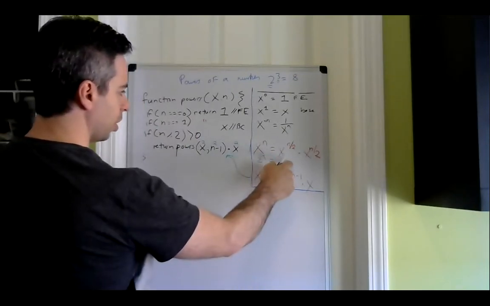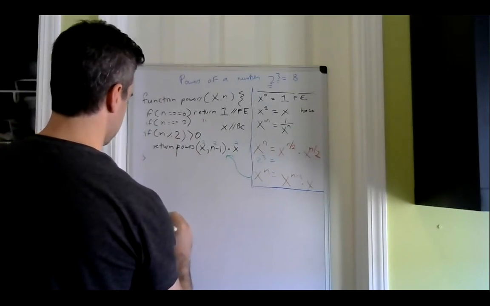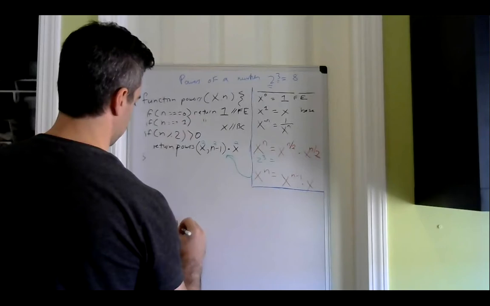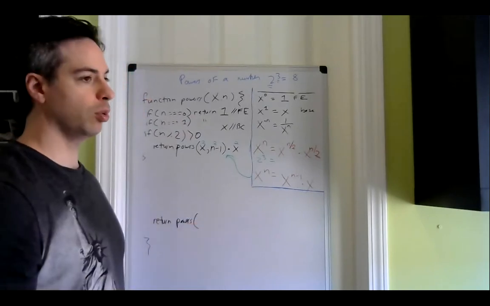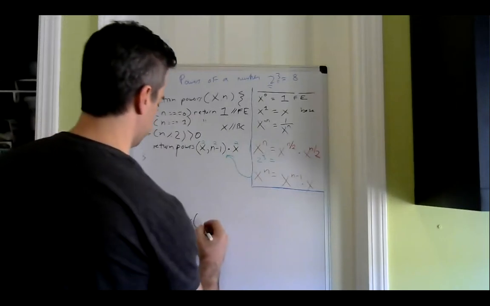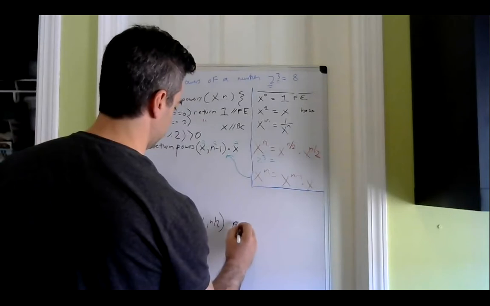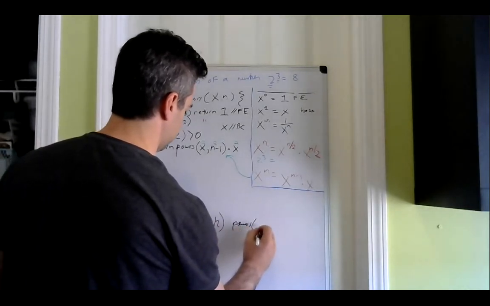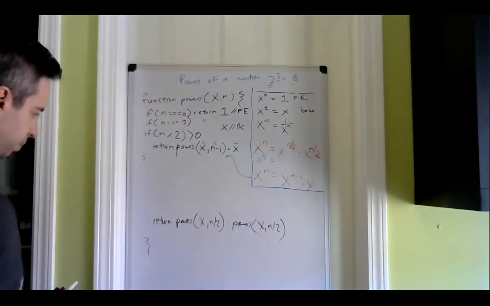So let's do something like this here. We will return powers, and we'll just keep dividing n in half. Okay, great.